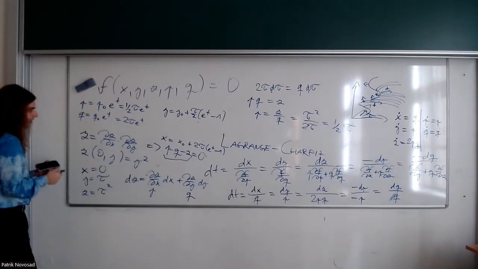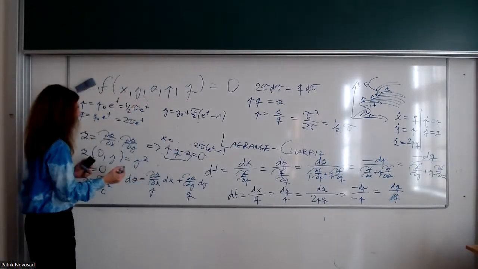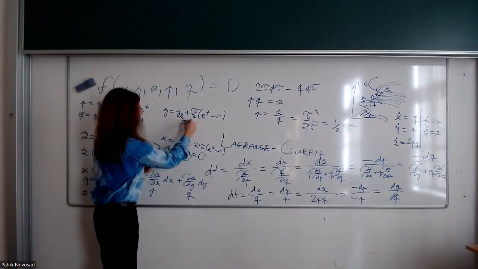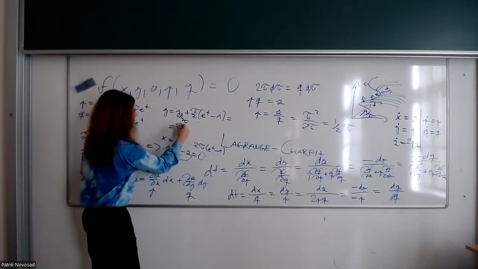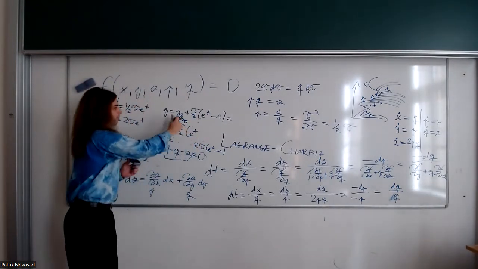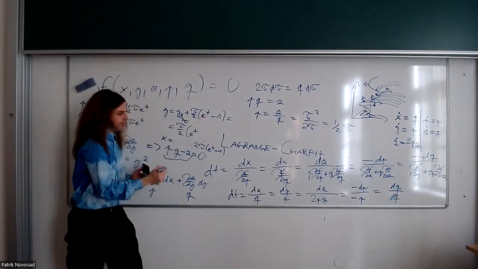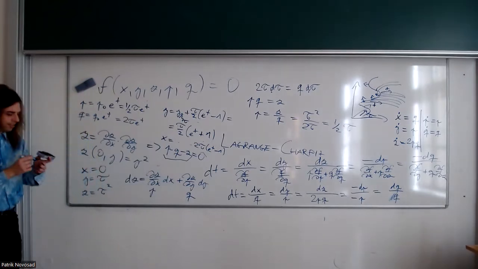So x0 was a 0, so we can just ignore it, and y0 was a tau. So this is tau, and because of that, we could write it as a tau half e to the t, and now there is plus 2 going into that bracket, so we are plus 1 at the end.